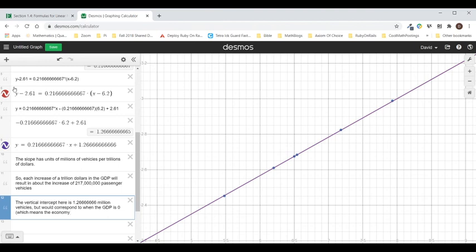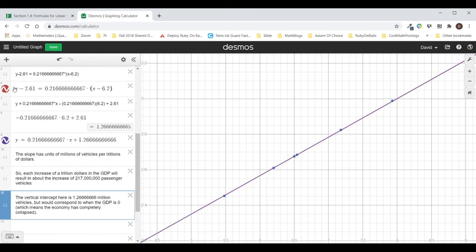No one's making any money, no one's getting any money, the economy has completely collapsed. So no, this is not a meaningful intercept. I can type meaningful.